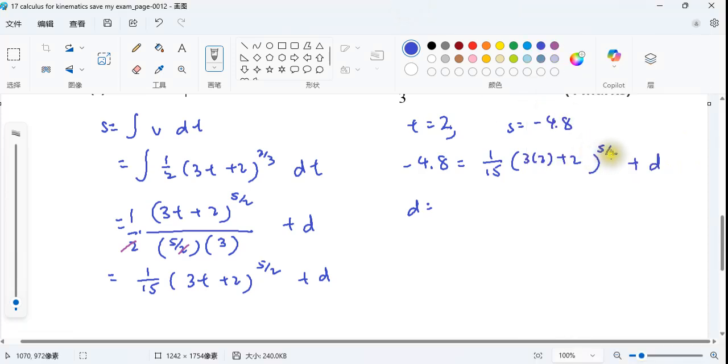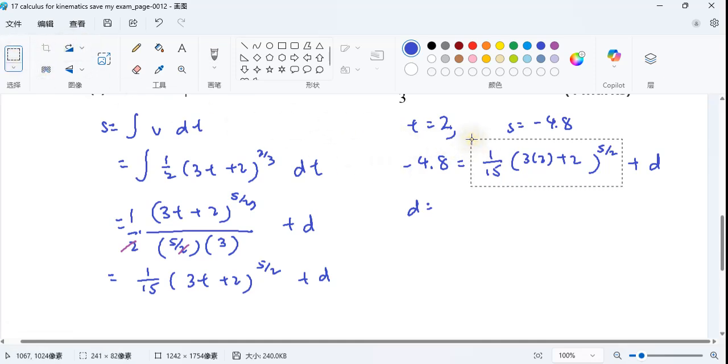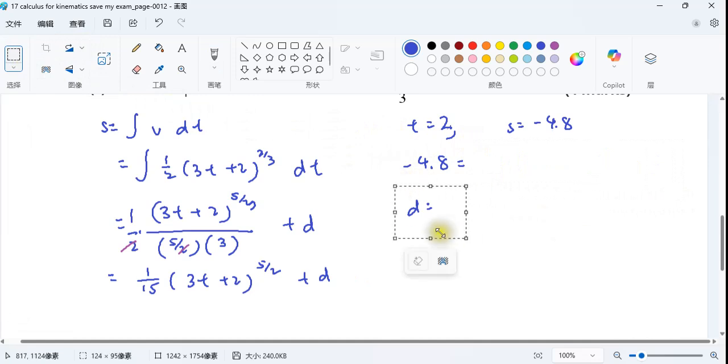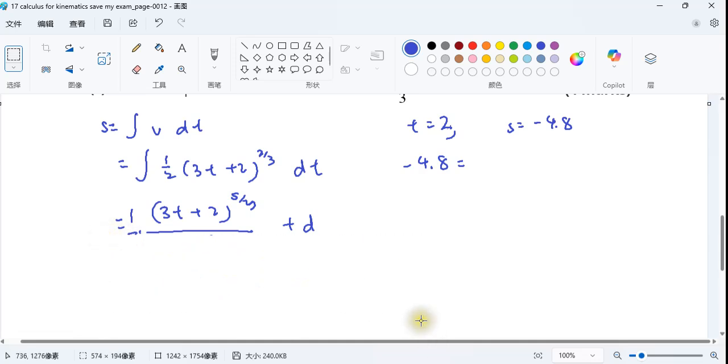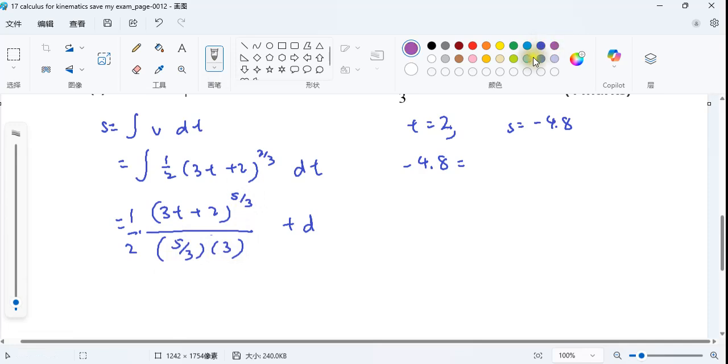No, this is 5 over 3, not 5 over 2. This is 5 over 3. I make a mistake here. This will be half. Then this is 5 over 3. So 5 over 3, 3.